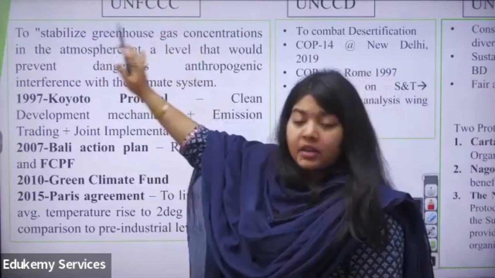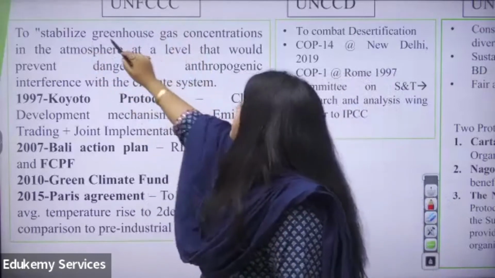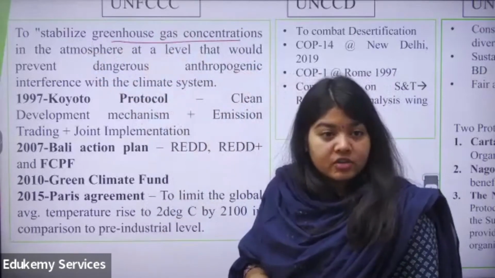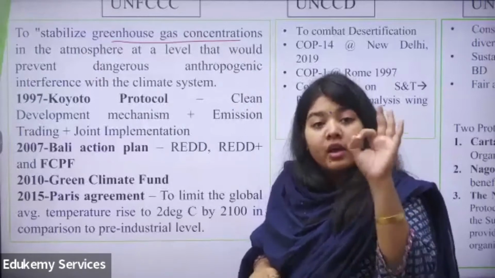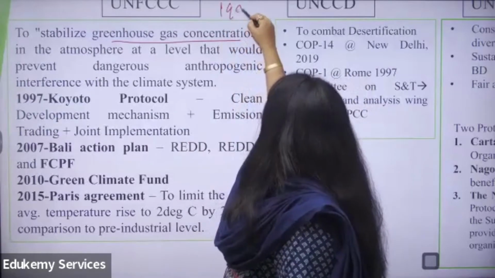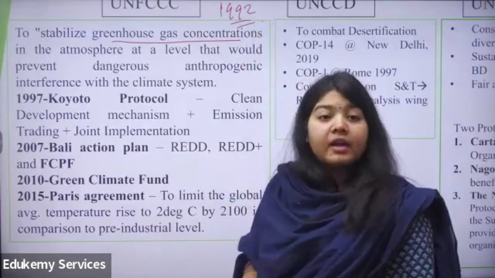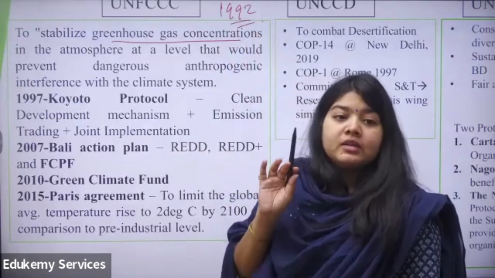Anyways, in UNFCCC, we were concerned about stabilizing the greenhouse gas concentrations. So for the first time, in which year? 1992, it was realized that greenhouse gases need to be stabilized.